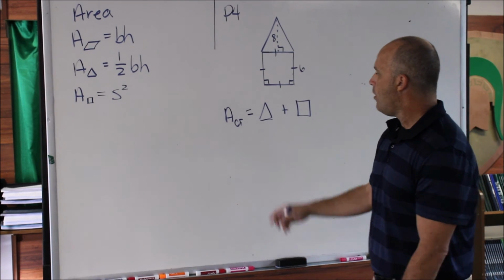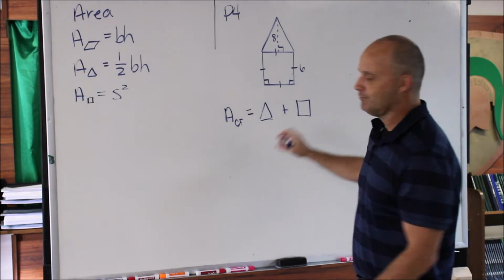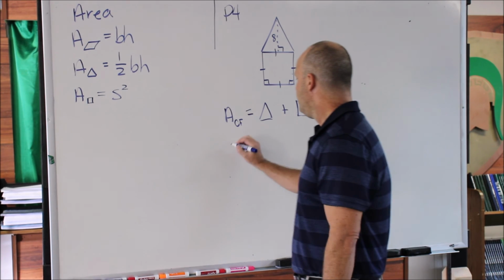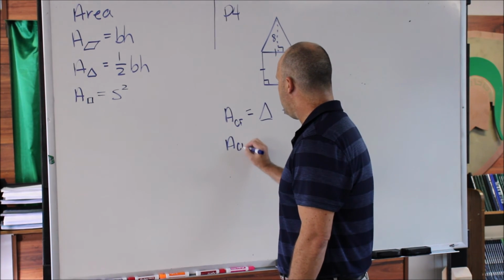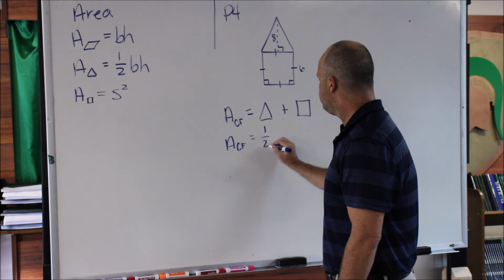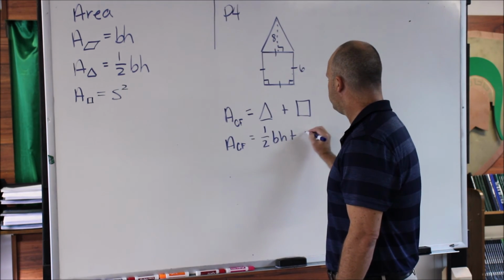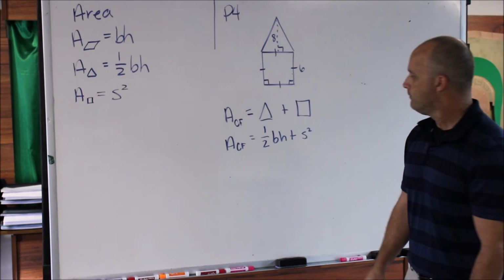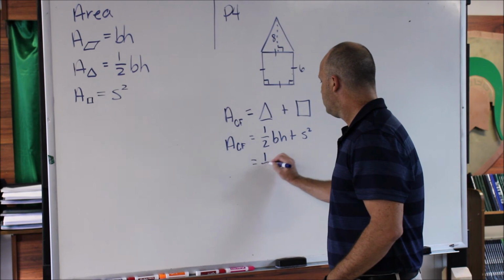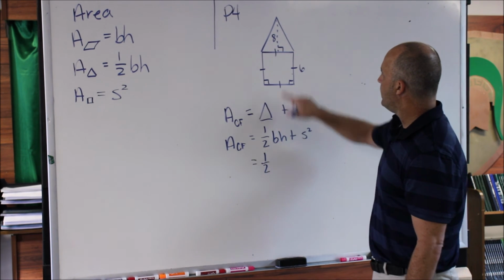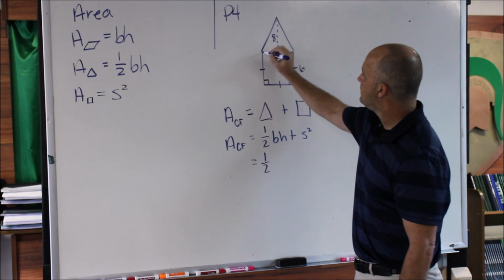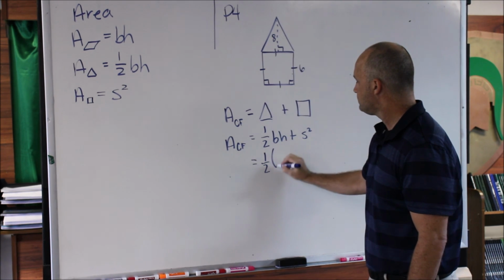And so all that means is I'm going to replace these symbols with the actual area formulas. So A sub CF is going to be 1/2 BH plus s squared. Now all I've got to do is just plug and play. So 1/2 of the base of the triangle, and since this is a square and the side of this square is 6, that means the side here is also 6.